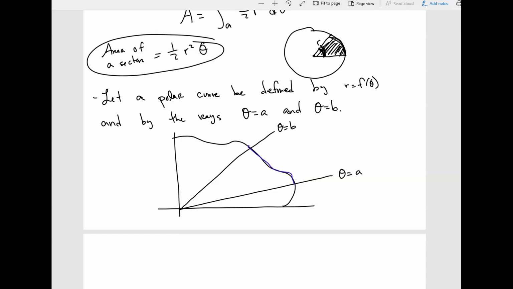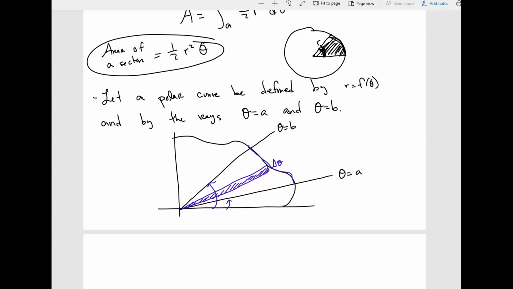One way that we can do it is by taking one little slice, kind of like how we did with Riemann sums. Taking one little slice of size delta x, oh, maybe not delta x, delta theta, because we're talking about angles. Here is angle a, and here is angle b.